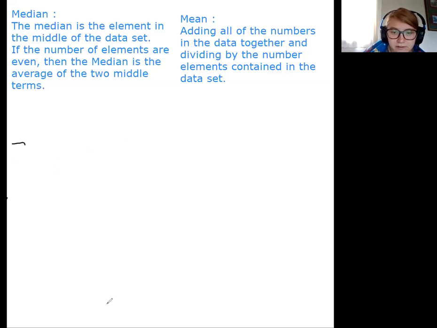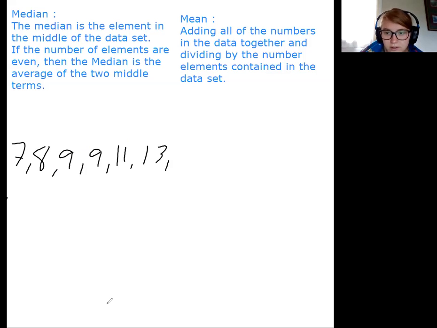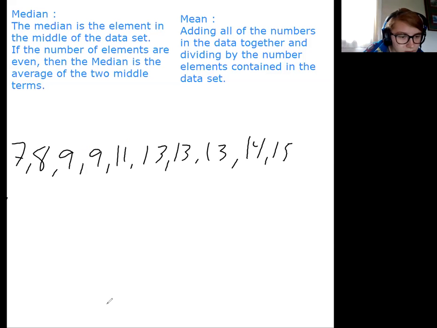So we have 7, 8, 9, 9, 11. And then next we will have 2 13s. And then 3 13s. And then a 14. And then a 15. And then I forgot a 12.